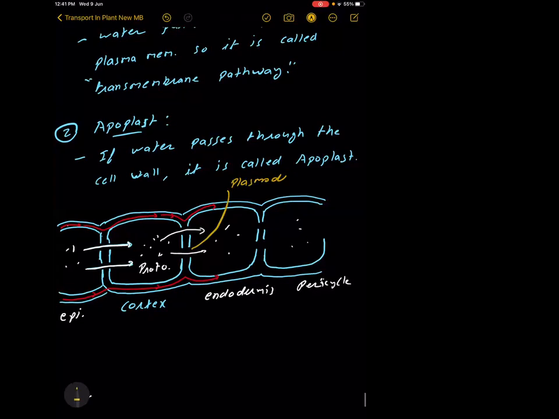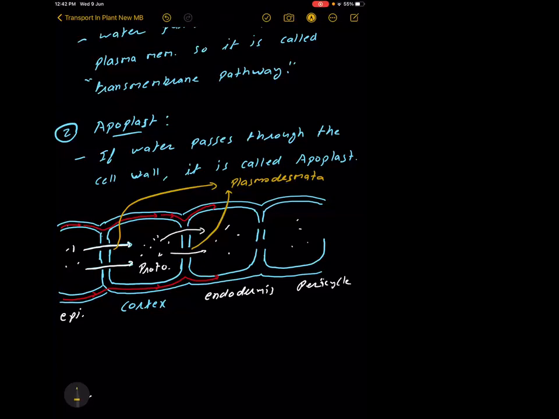So through plasmodesmata, it enters the next protoplasm, the next cell. This movement is slower because the water has to pass through protoplasm, which is a colloidal solution. There is no space, so it is slower than apoplast.